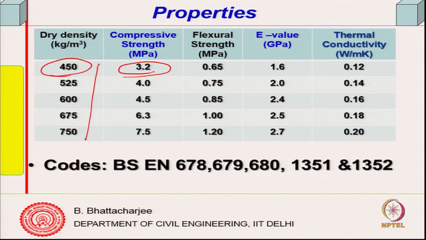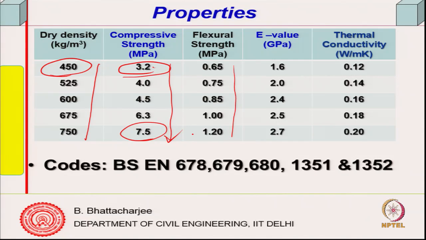The compressive strength will be 3.2 MPa, which is a lower class brick actually, right, and this is somewhat better form of the bricks. So, as density increases, strength increases, this we can understand very easily, and flexural strength would be proportional.